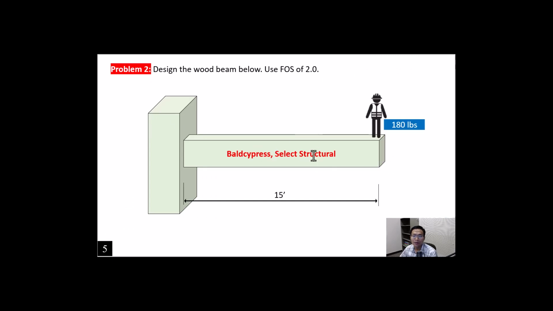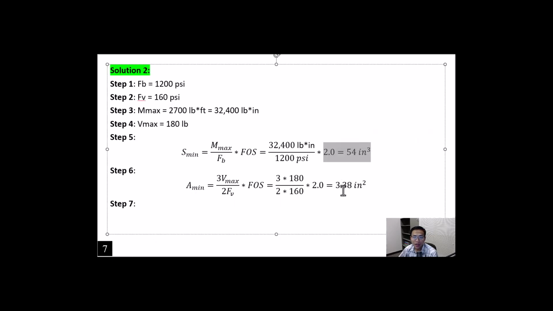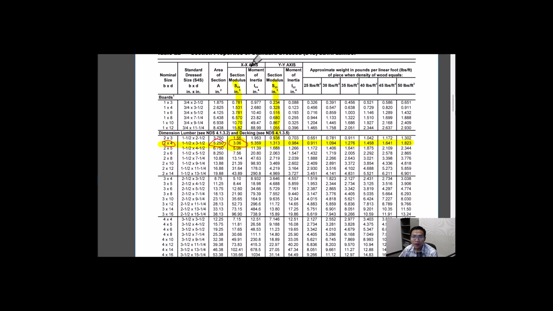To maximize the use of the material, similar to the previous problem, I will use the strong direction, so I will pick Sx, the larger S. I need Sx larger than 54 and A larger than 3.38. So let's take a look. Sx is here, and we need to find Sx larger than 54.